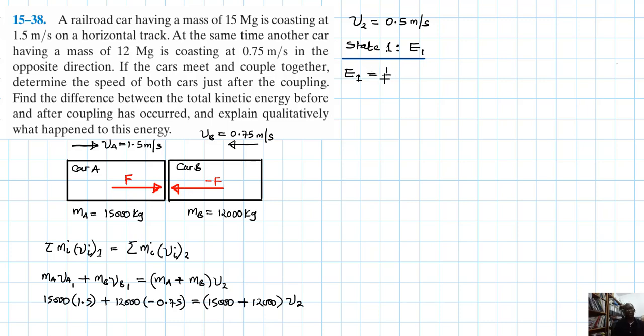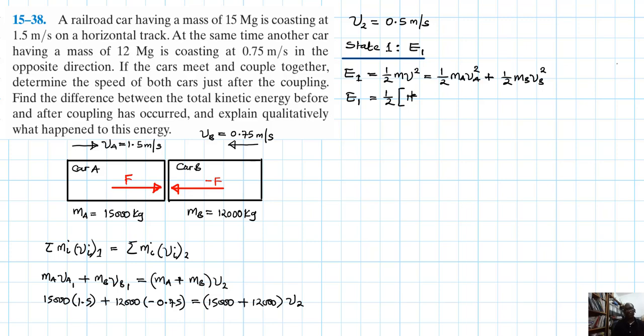E1 is equal to half m v squared, which is equal to half MA VA squared plus half MB VB squared. Therefore, E1 is just half; we can factor this out.